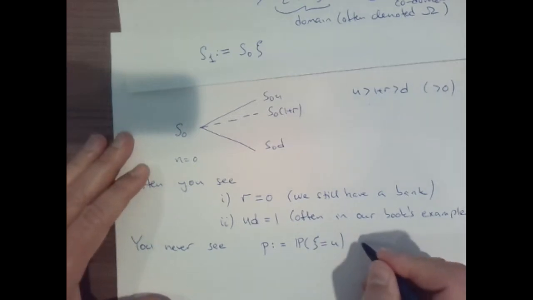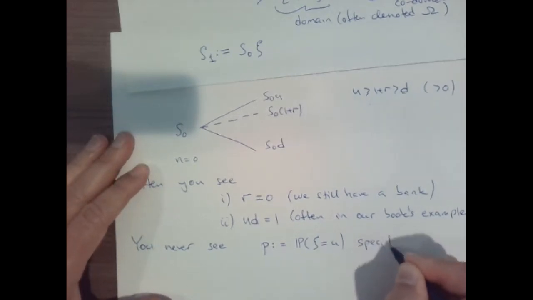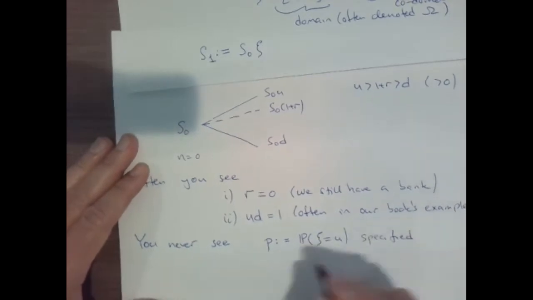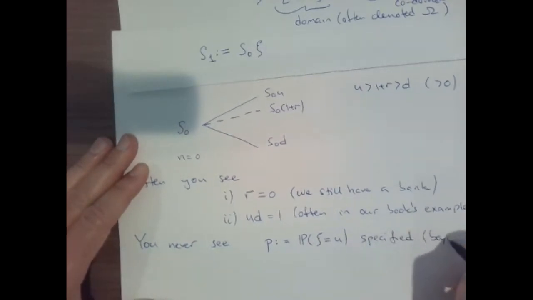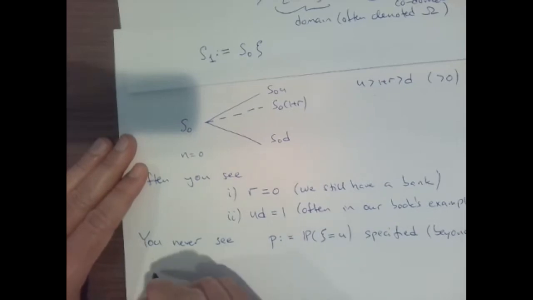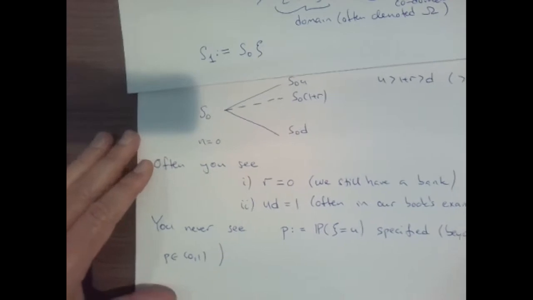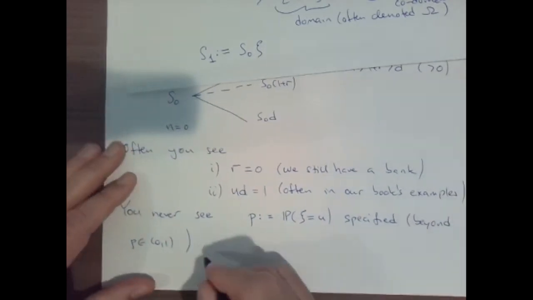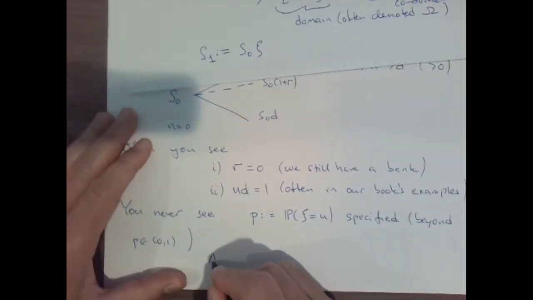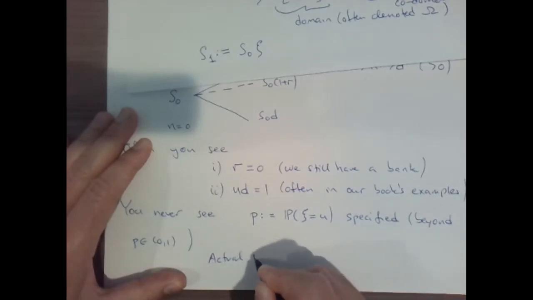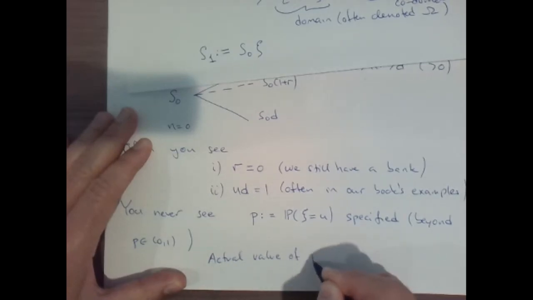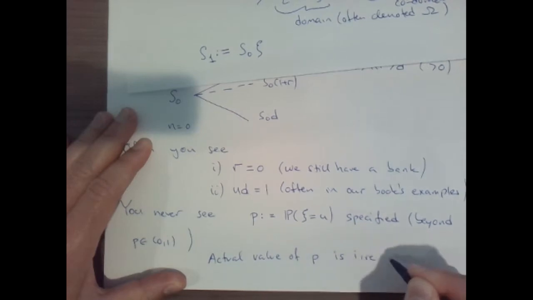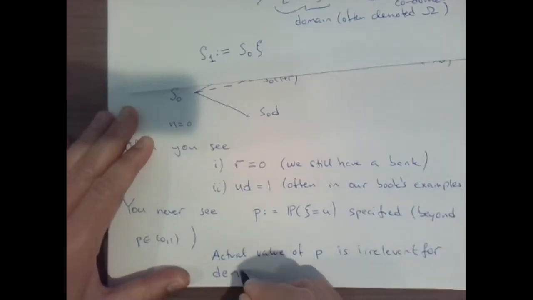You never see this specified, beyond p being some number between 0 and 1. So the actual value of p is irrelevant for derivative pricing.